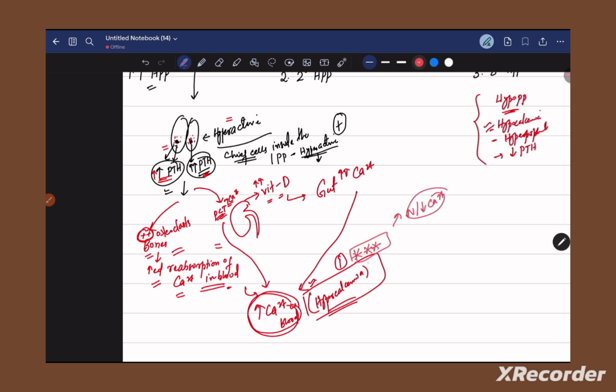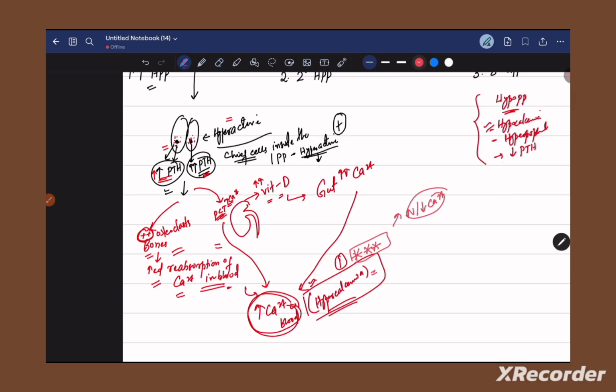So this is not a consistent finding, but if you are asked in the exam about the general lab finding in hyperparathyroidism, and in the options it is hypercalcemia, go for that.